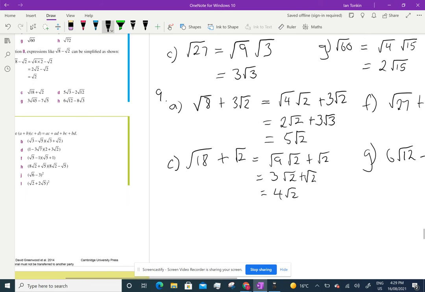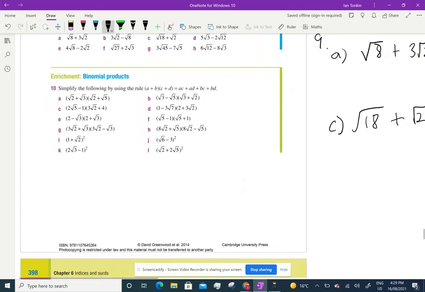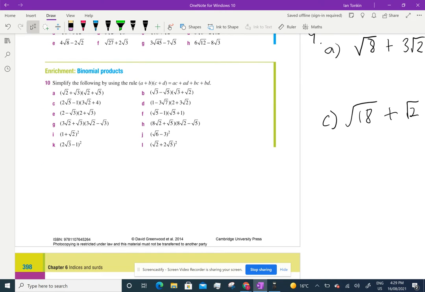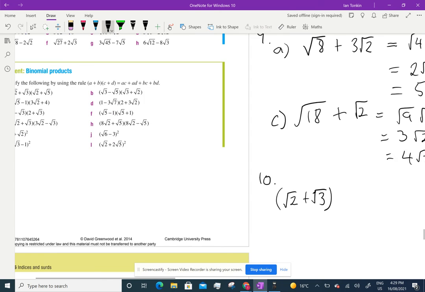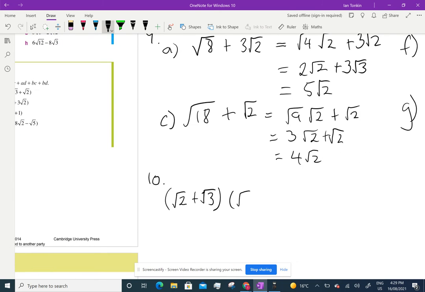Okay, so with 10, I'm just going to do a couple of these. These are called binomial expansions. Now, that is enrichment. Give it a crack, see how you go, but you should be right with this. So what have I got? Root 2 plus root 3 times root 2 plus root 5.